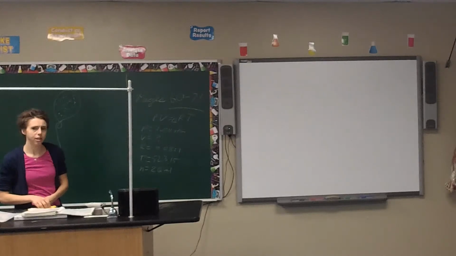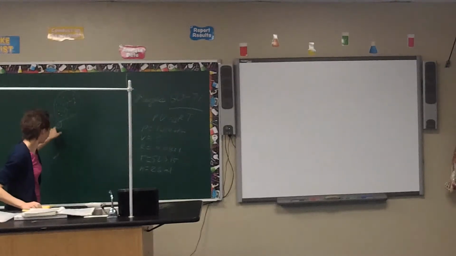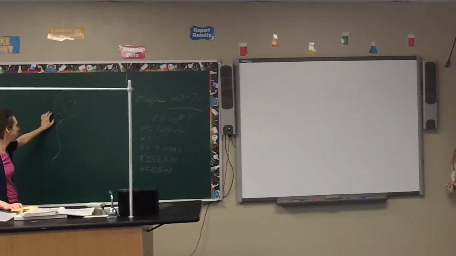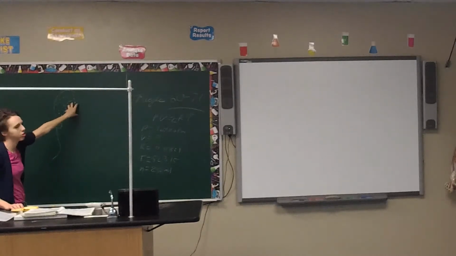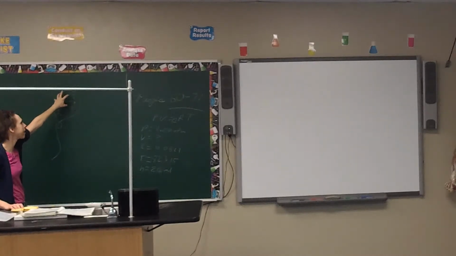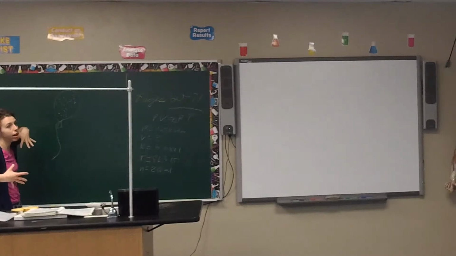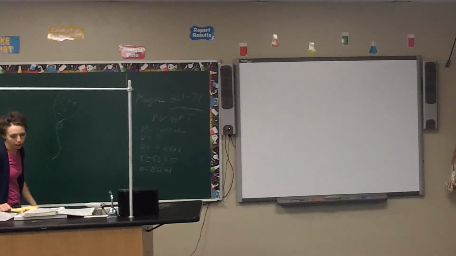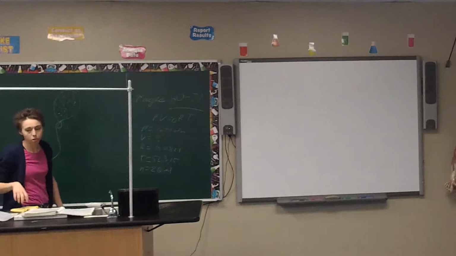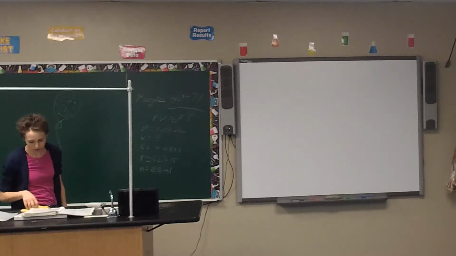So each gas occupies a partial pressure of the whole. You don't have, in my balloon, a section of oxygen, a section of helium, and a section of carbon dioxide. They all want to spread out from each other as much as possible. So each gas is exerting its own partial pressure on my whole balloon. And so he said each of those partial pressures all together equal the total pressure of my balloon.